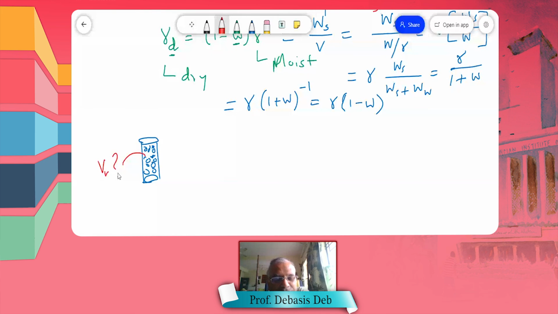So he will take it out from the water, and then he will take the weight again. So whatever is the difference, that is the difference of water weight. And then since he knows it is 1 gram per cc, he will know the volume. So is that a right way to do?